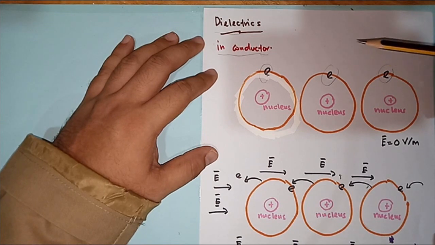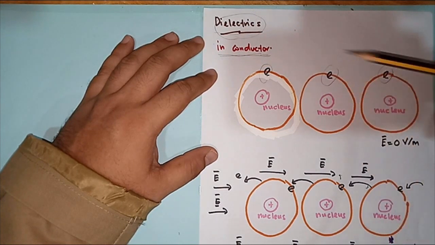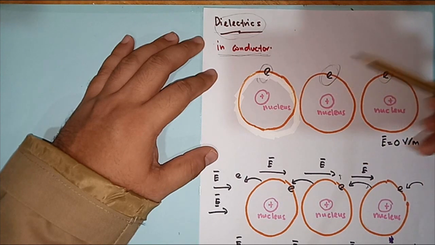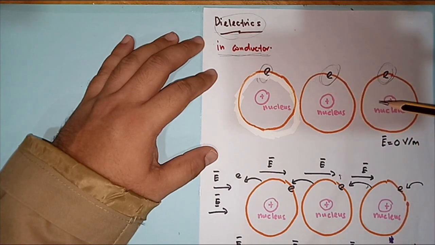So in this video, I will explain the concept of dielectric or insulator. Generally, in a conductor, we have a lot of freely or loosely bound electrons in a conductor atom.